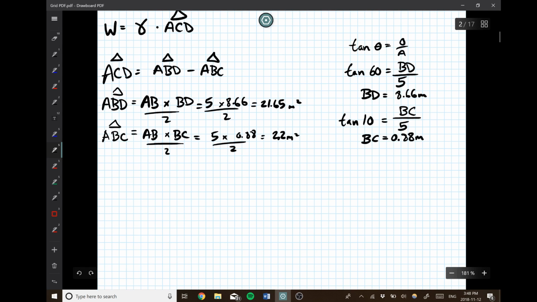So then our W is equal to 18, which is our unit weight, times the difference in our areas of triangles, which is 21.65 minus 2.2, which gives us a value of about 350 kilonewtons per meter.